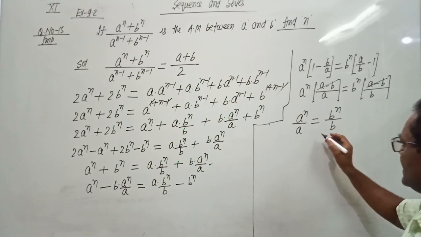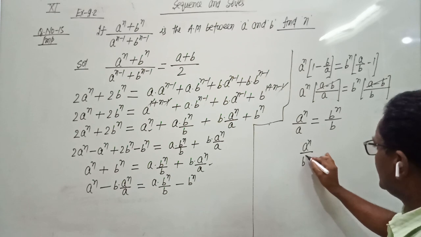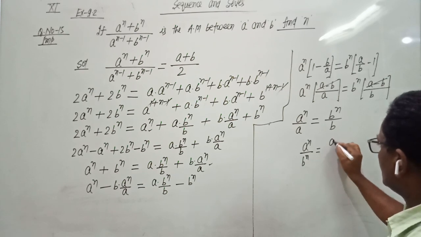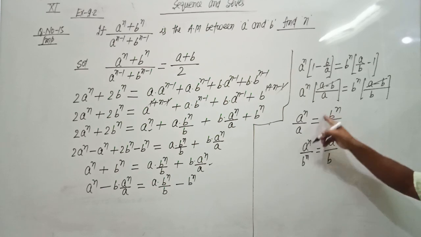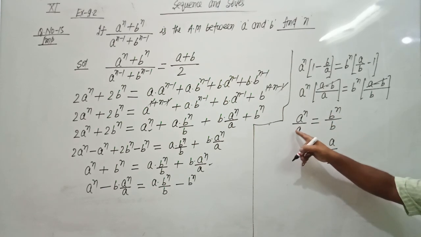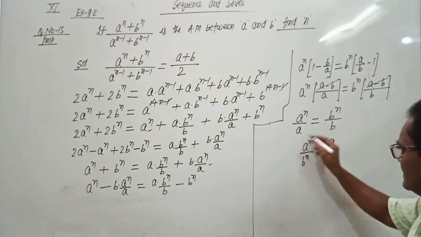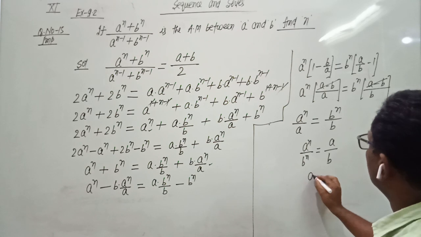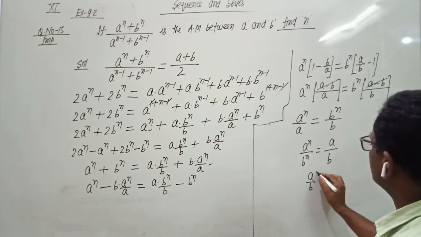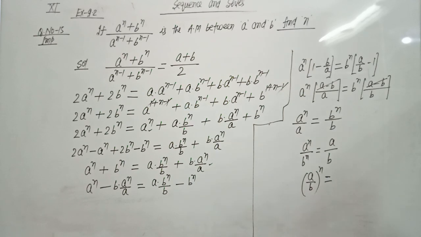And this may be written as a^n upon b^n equals a by b. This b^n comes in the place of a and a goes in the place of b^n. A^n upon b^n is written as (a by b) whole raised to the power n.